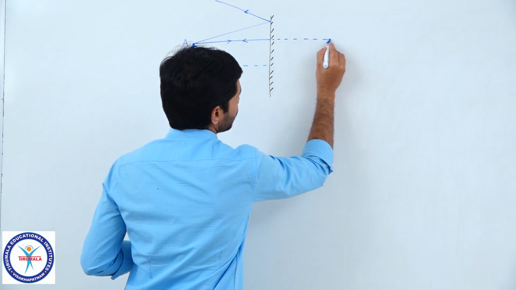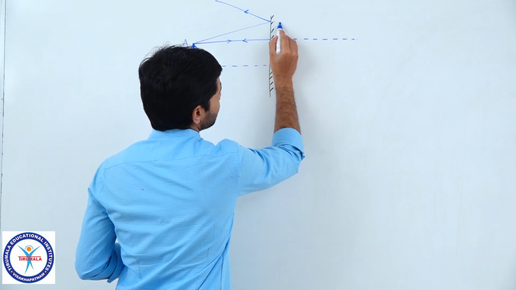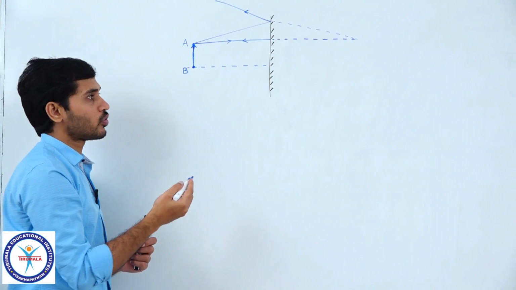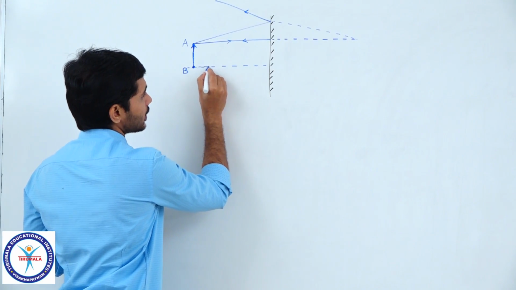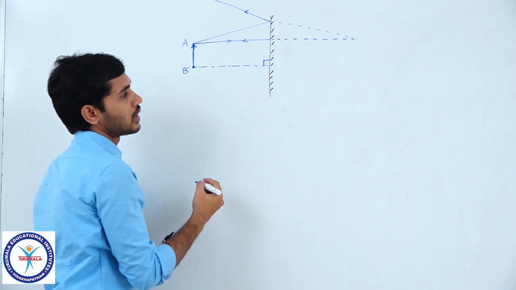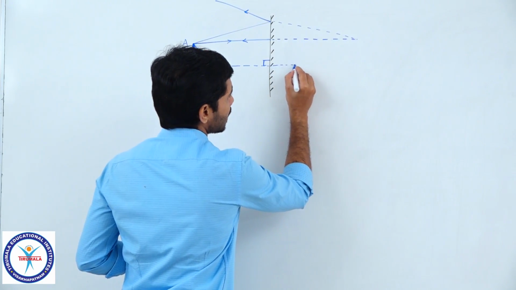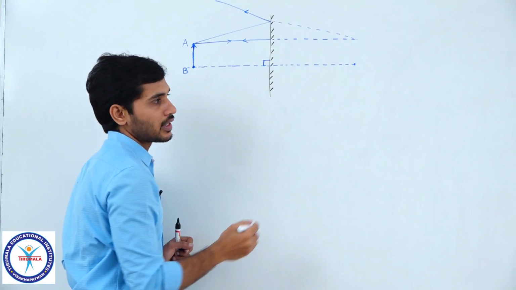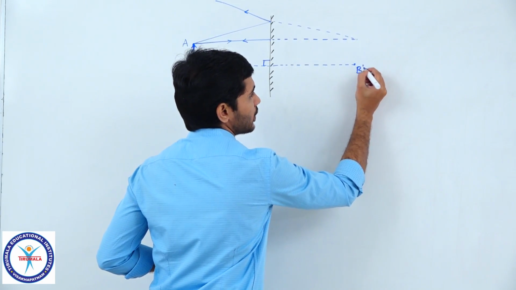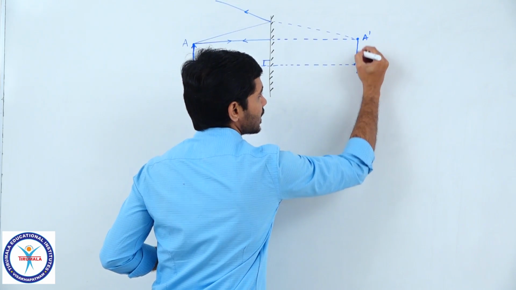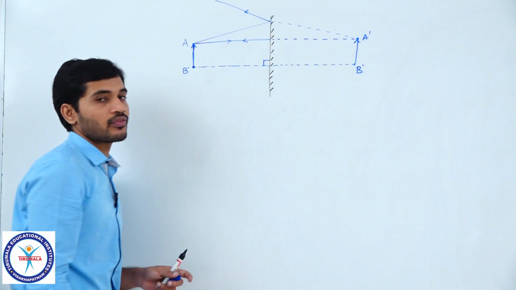That is one way of doing it, but we can't keep drawing the ray diagram each and every time. So, we discussed one more way, which is to draw a perpendicular from the point object onto the mirror, draw the same amount of length on the other side perpendicular to the mirror, and that is where the image is formed. So, this is where B dash is formed and this is where A dash is formed. So, you can directly say that this is how the image is formed.